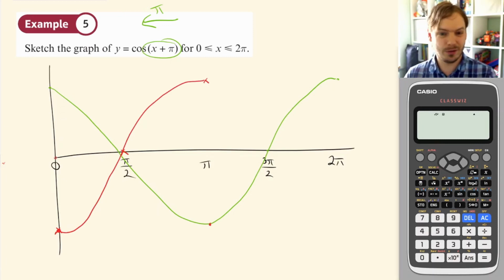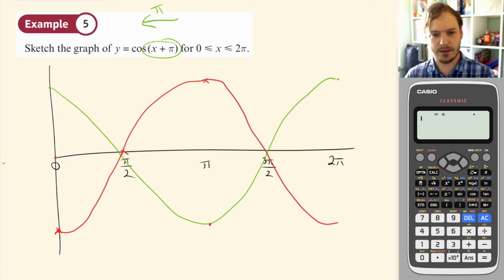And I also know that the whole thing just carries on and repeats. So it's got to come back down again. So this is cos of x plus pi. And you'll notice that it is just a reflection of cos of x. And that's something we'll talk about in just a minute.